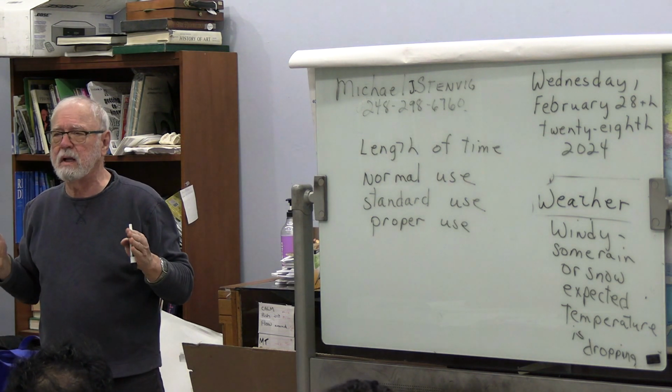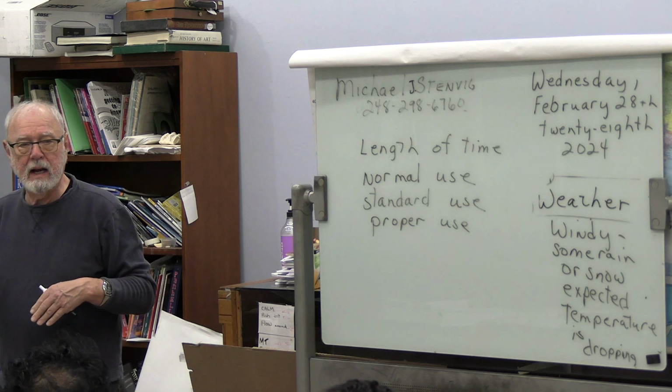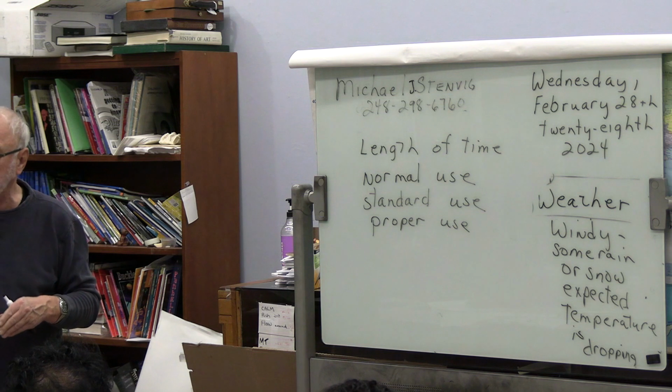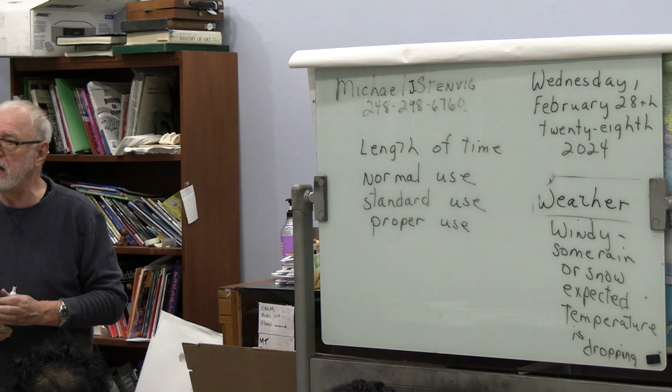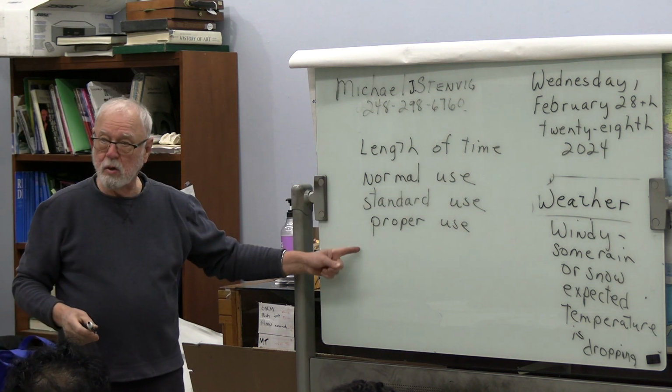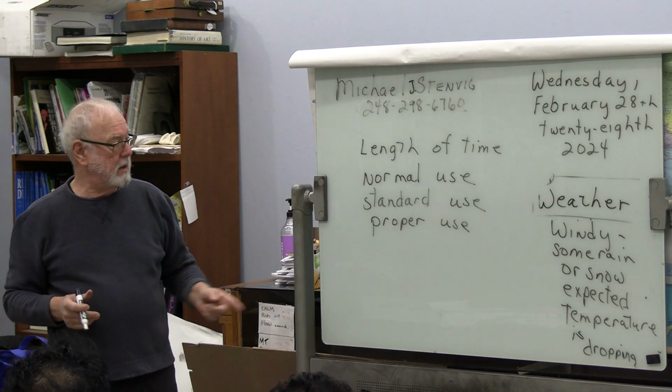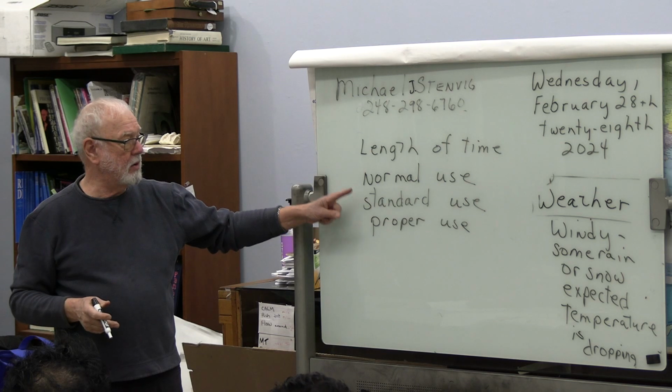It's beautiful, it's wonderful. And I decided I want to use that knife to fix my car. No, it is not normal use. So these are terms that may come up when it describes a warranty. Proper, standard, normal.